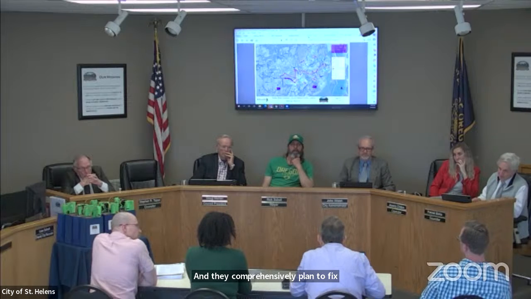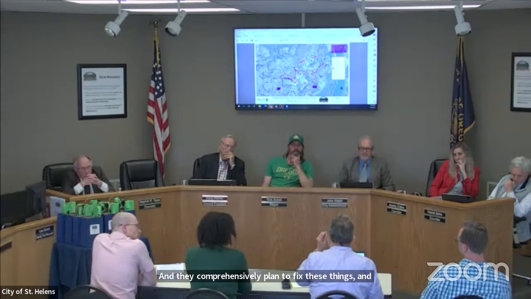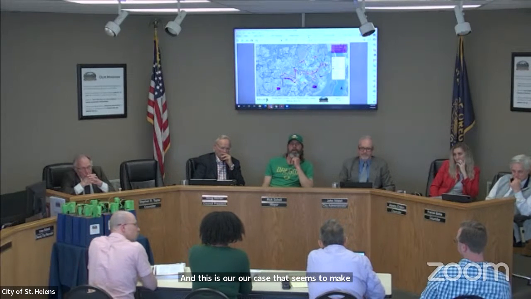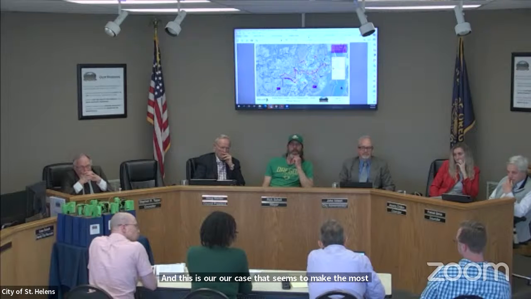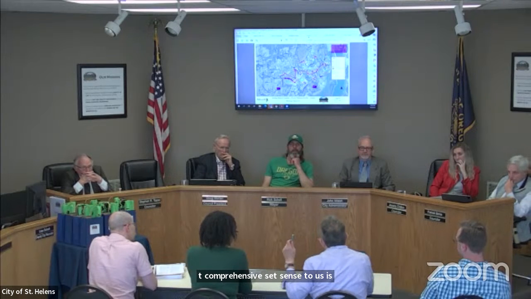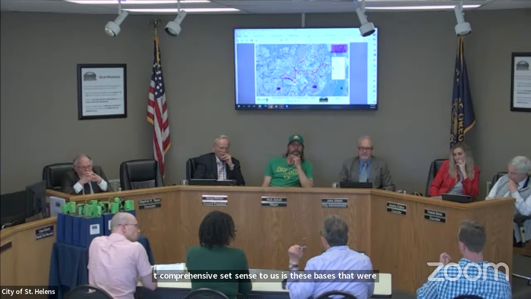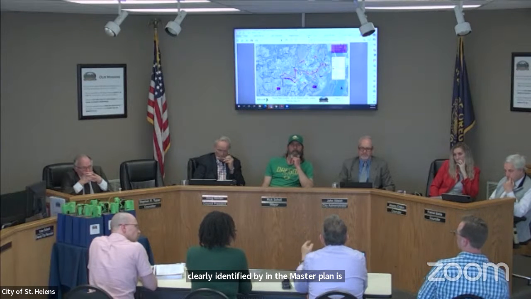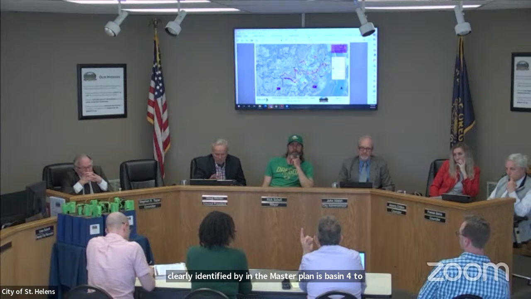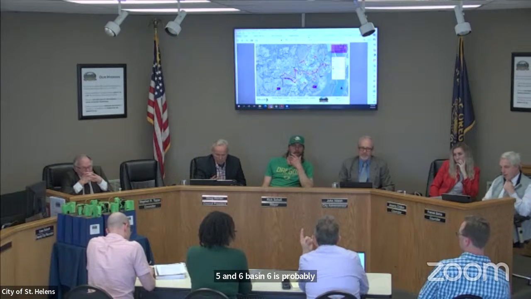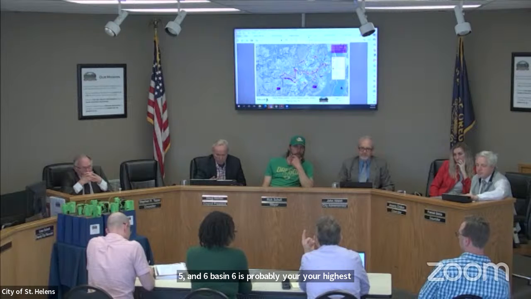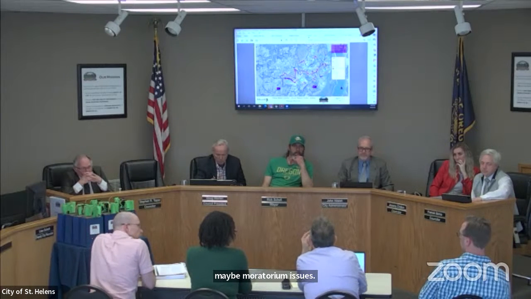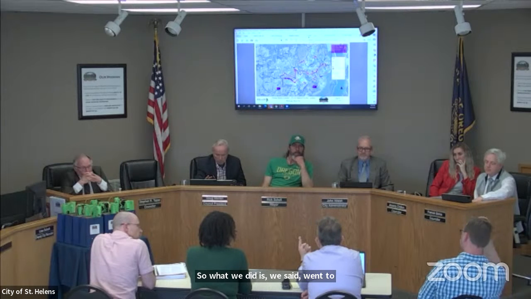And in your case, this is the case that seems to make the most comprehensive sense to us: these basins that were clearly identified in the master plan, basins 4, 5, and 6. Basin 6 is probably your highest priority now, and that's the one where they were talking about there may be moratorium issues. So we went to the master plan and asked, how much are the basin 6 improvements?